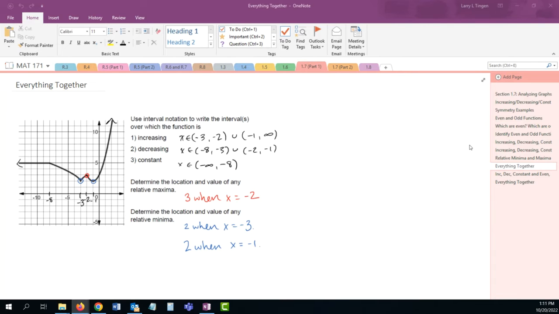We put it all together and found that when a function changes its behavior from increasing to decreasing, that's where we will find a relative max. And when a function changes behavior from decreasing to increasing, that's where we're going to find a relative min.